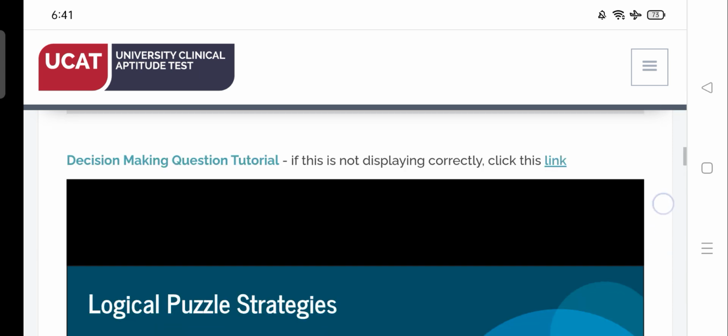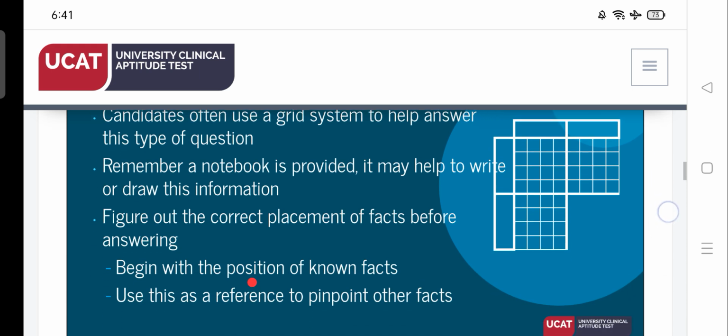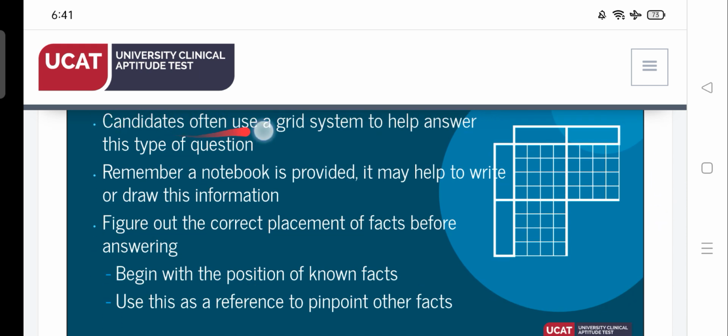Next we have the strategies to solve the logical puzzles. Candidates often use a grid system to help answer this type of question. So these types of grids some candidates use to solve, or you can say organize, the information that will be presented to you in that logical type of question.